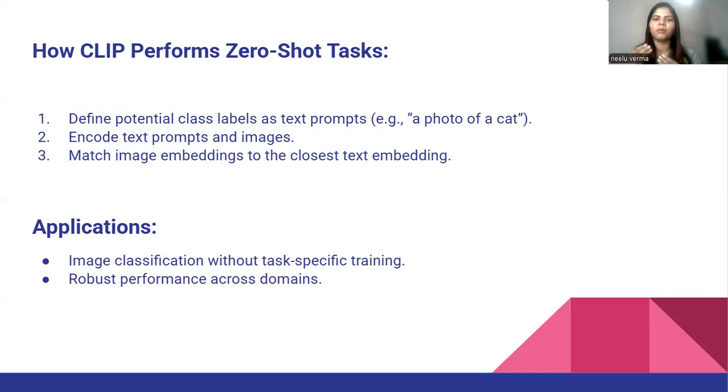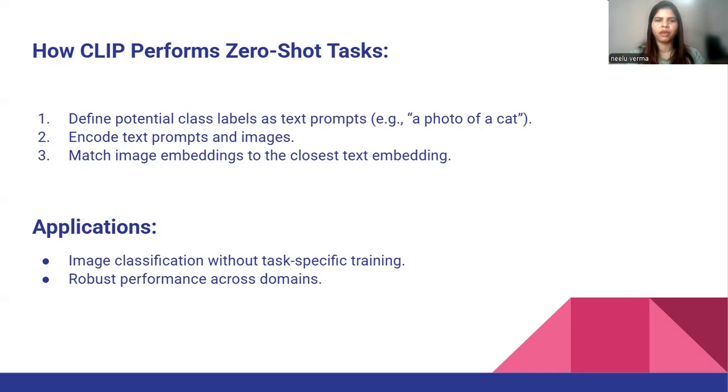CLIP converts both the image and the text prompt into numeric embeddings and compares them. Whichever text prompt is closest to the image embedding becomes the predicted label. This allows CLIP to handle image classification across many different categories, without having to train on each new task separately.